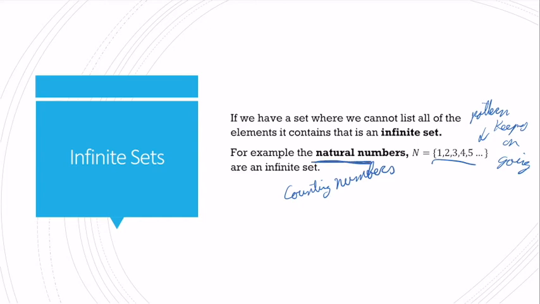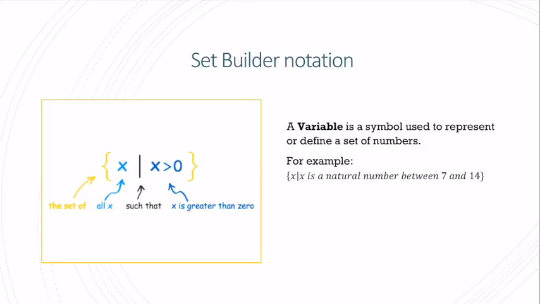The natural numbers are an example of a number family, and we actually have quite a few different number families I'd like to talk to you guys about. But first, I want to show you how I can write number families in set builder notation. So we use a variable to represent and define our set of numbers.